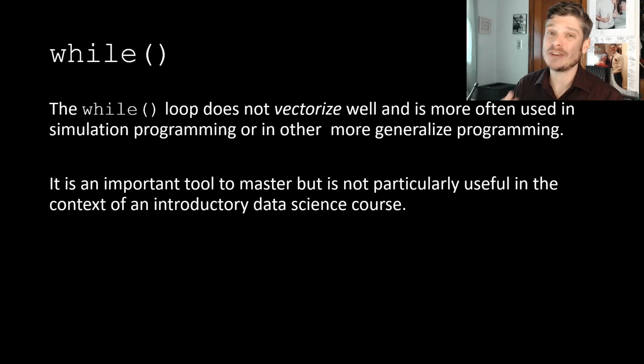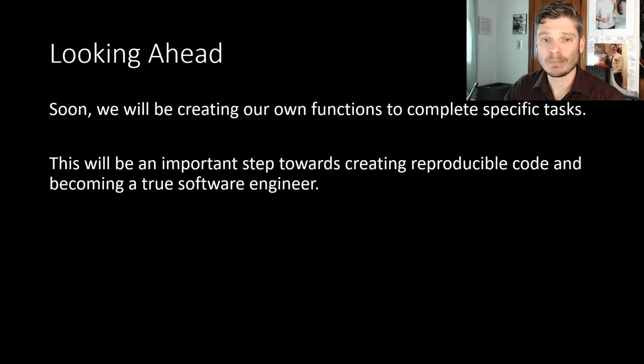It is a major part of fundamental programming as just a general concept, and you probably will run across it here and there. All right. Now that we've talked about control flow and iteration, what we're going to be doing next is we're going to start creating our own functions to complete specific tasks.